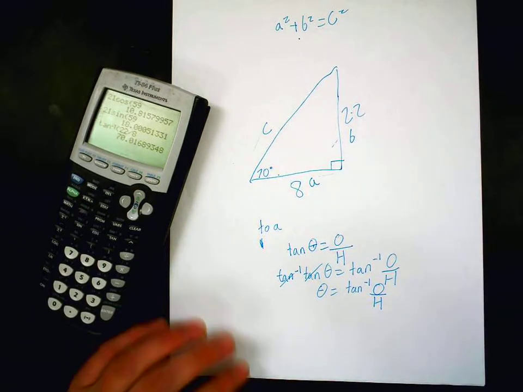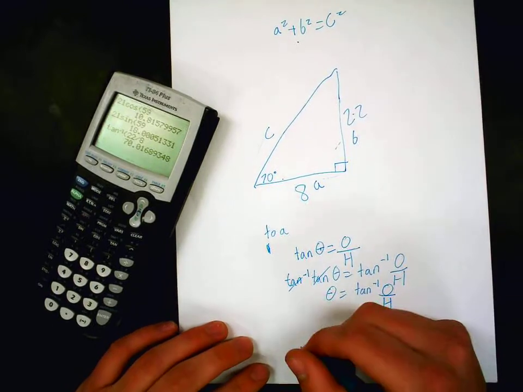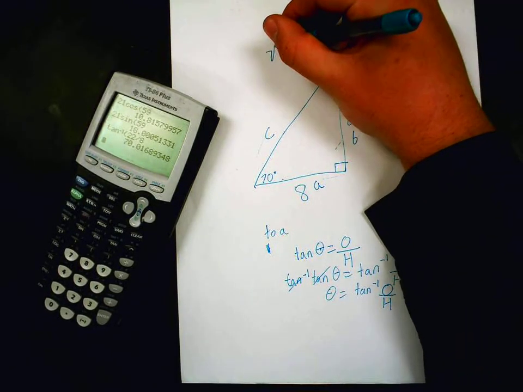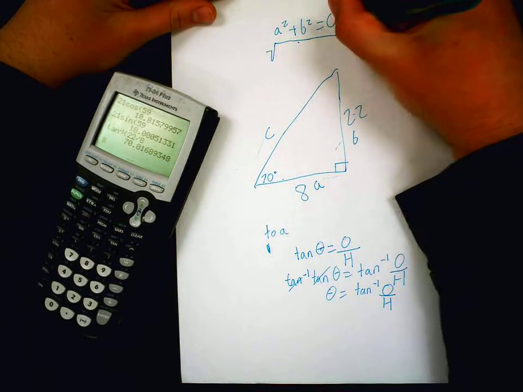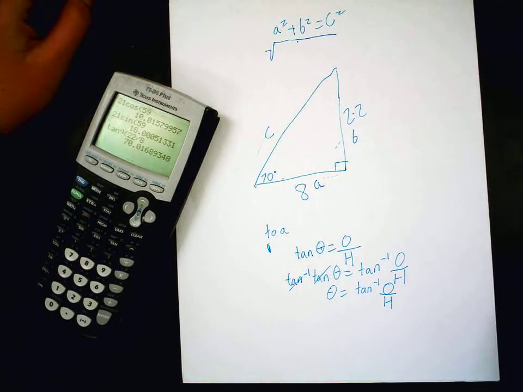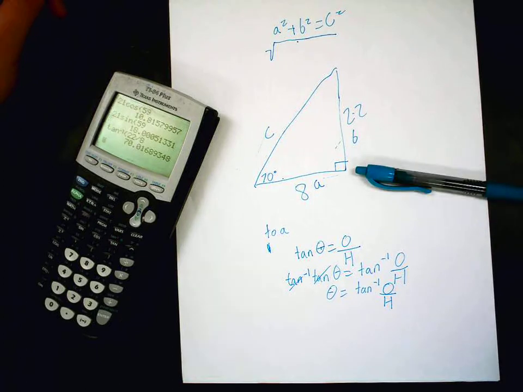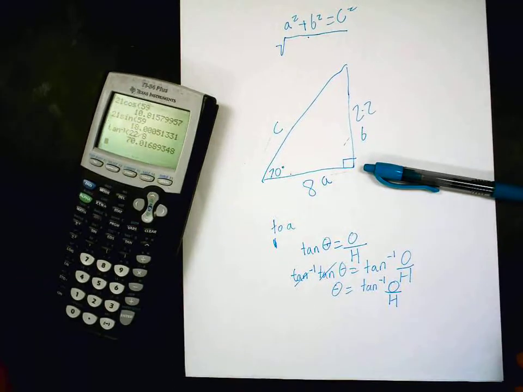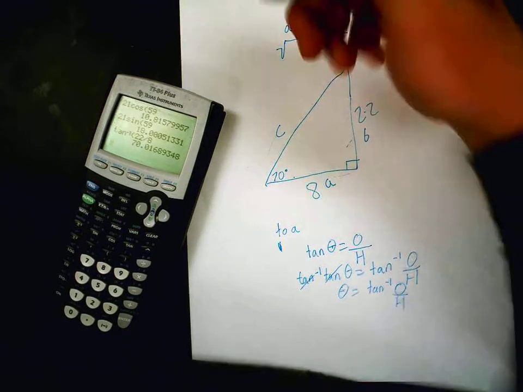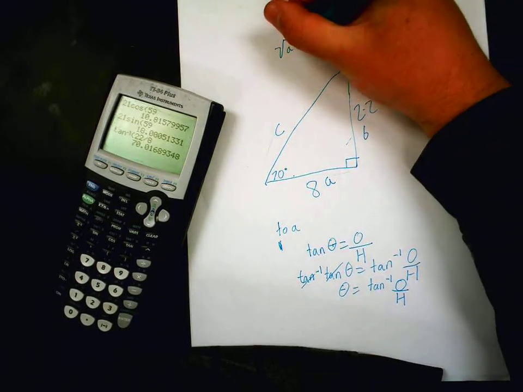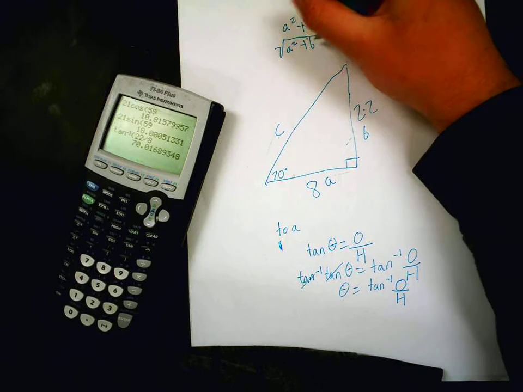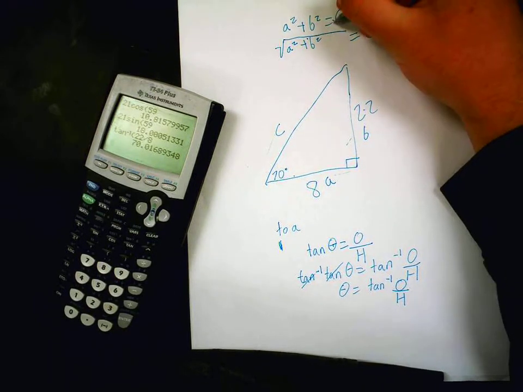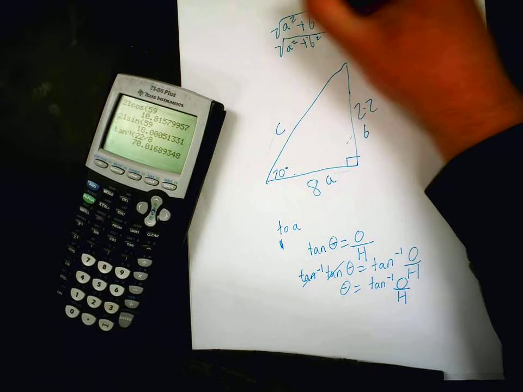So let's solve for c. a squared plus b squared equals c squared, so you square root both sides.